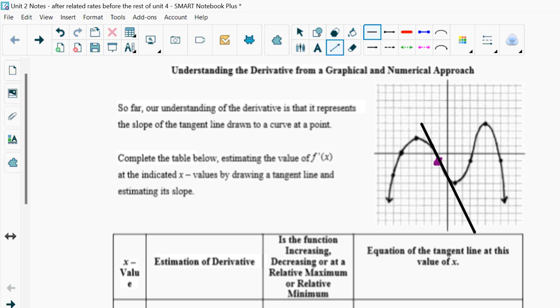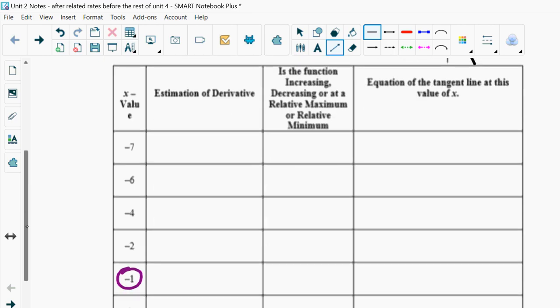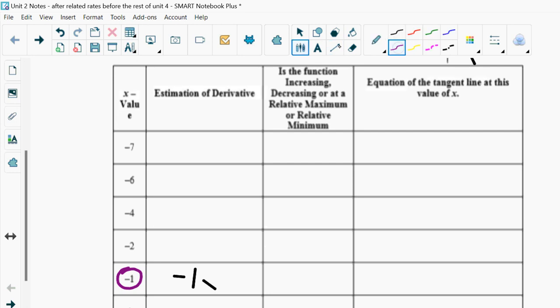Focus on the fact that it's a negative slope because the function is decreasing. That is what I want you to get from that. So if you got a negative number here, like -1 or -2, those are all lines. If you got a negative number for the derivative, then every time the function is going to be decreasing, when you get a negative slope of the tangent line, a negative derivative.